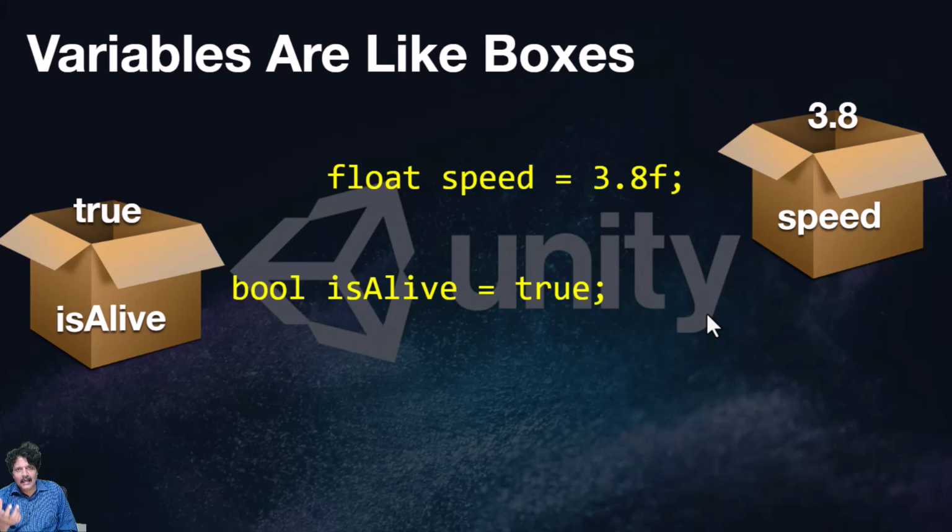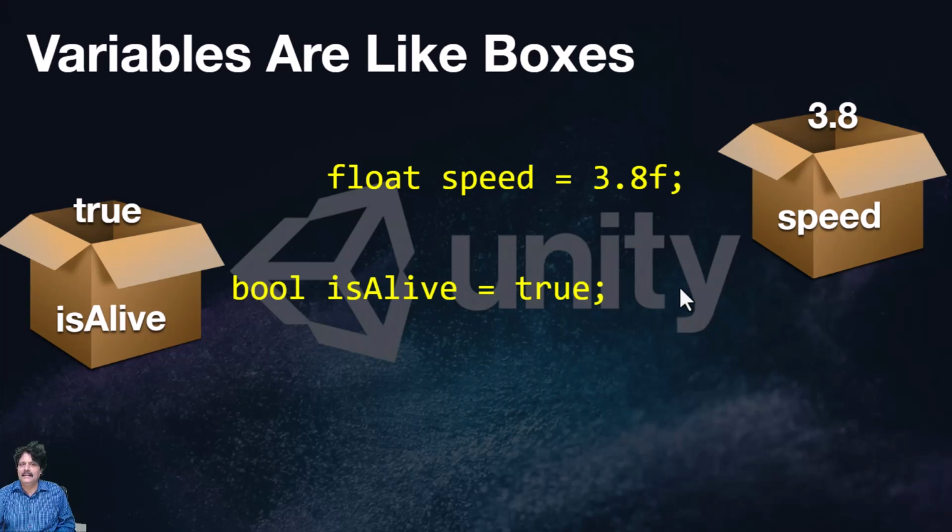If he is alive and true, he can move. Say he is hit by the enemy and his health decreases, and once his health becomes 0, then this boolean value is alive becomes false, and when it becomes false we can say that he cannot move. So this is the way we use this kind of variable, which we call a bool variable.